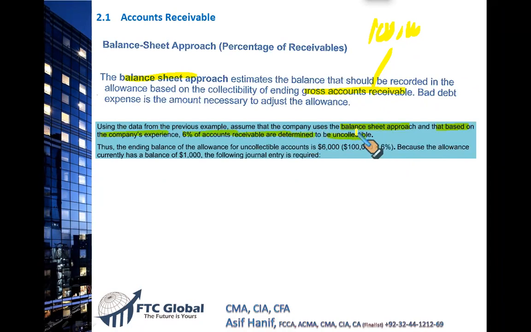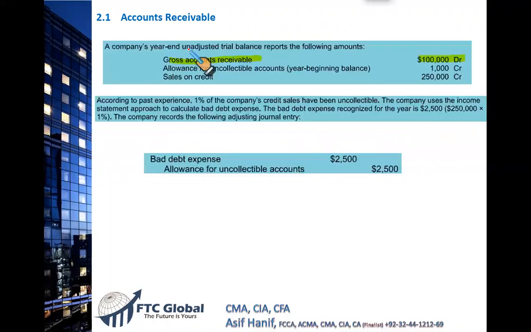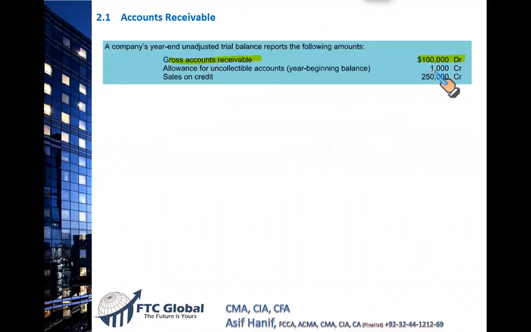Again, I need your full attention, please. You are going to charge 6% of $100,000 as your estimated bad debt expense. But when it's the balance sheet approach, you will always look at what was previously available in the balance sheet approach only. You don't do that in the income statement approach.